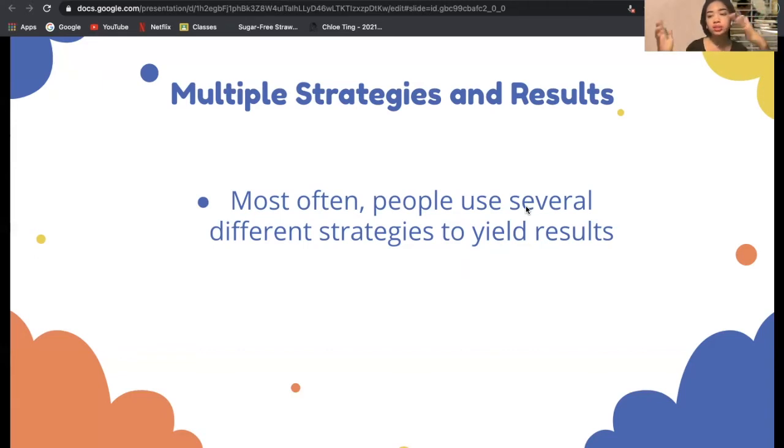If you use different strategies and therefore they yield different results, maybe you can actually talk about these differences. If you have different results, you have these things that you have to think about and put into your research again.